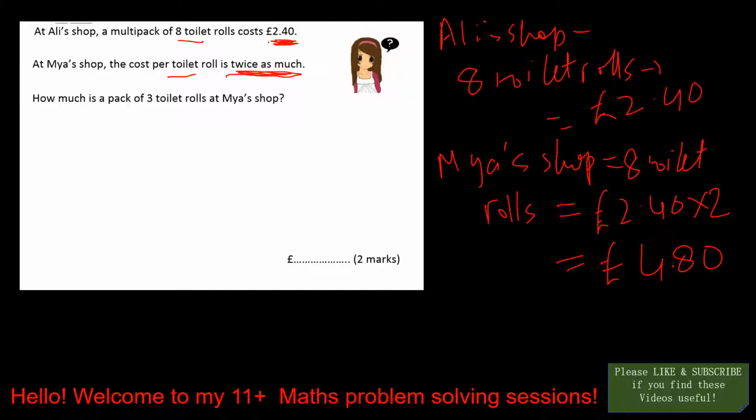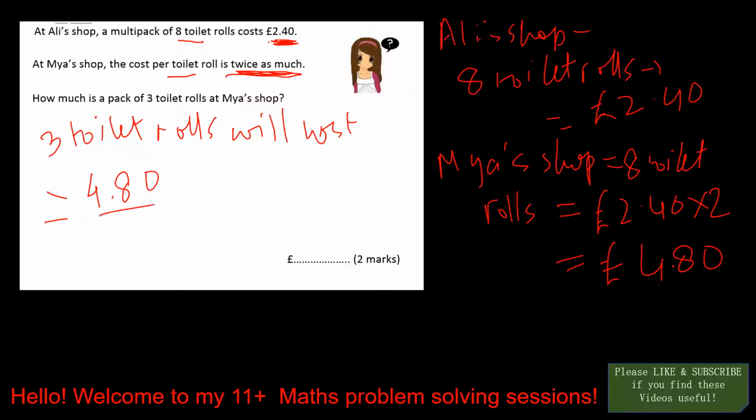Now the question is, how much will 3 toilet rolls cost? So 3 toilet rolls will cost equals 4.80 divided by 8 multiplied by 3.